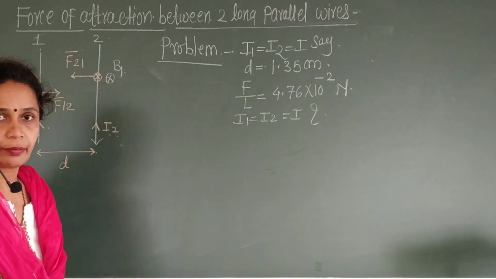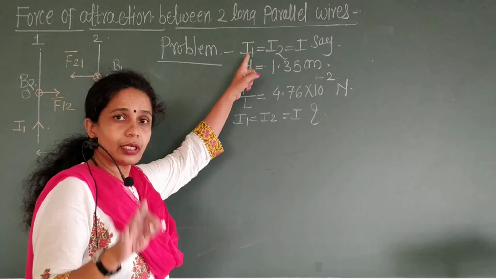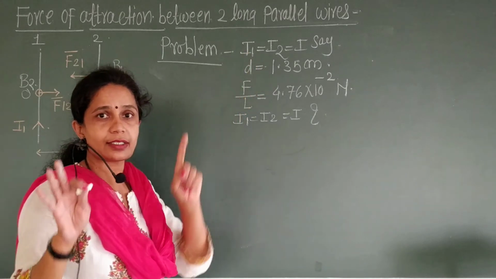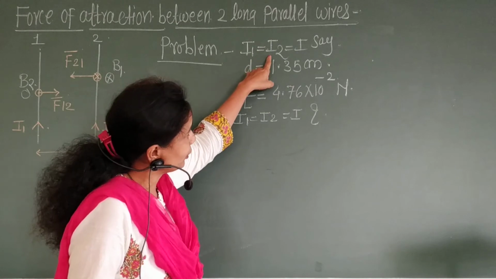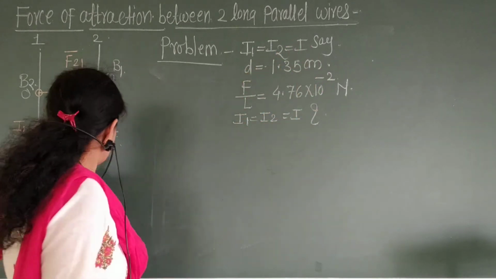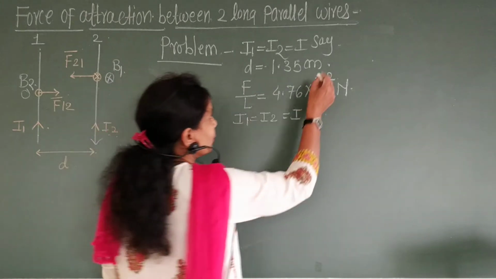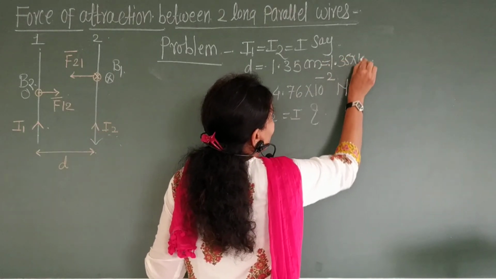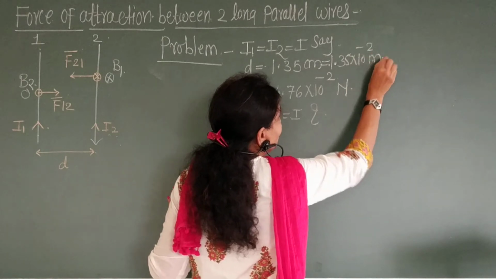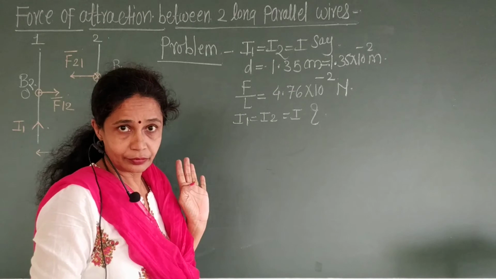What is the problem? If the current flowing through each wire is the same, say I, then I1 is equal to I2 is equal to I. The distance between the two wires is 1.35 centimeter, so convert it into meter: 1.35 × 10^-2 meter. The value of force per unit length is this.